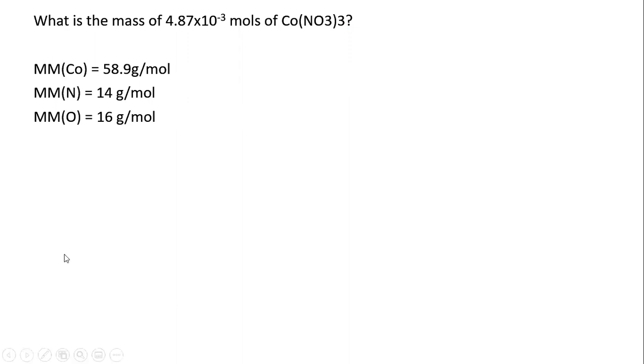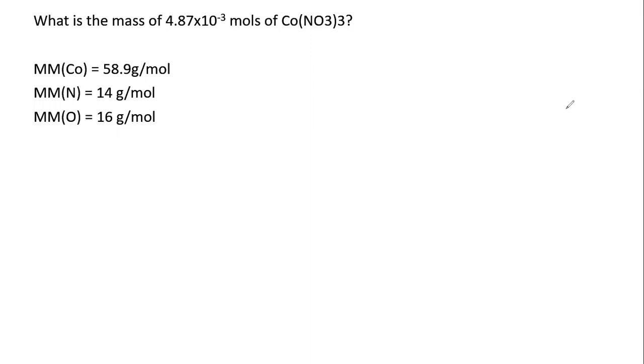I've already written the molar masses of the individual elements. I just rounded nitrogen and oxygen to their whole numbers because they're very close. But cobalt I kept as 58.9. You're welcome to use these, or you can use the ones that are in your periodic table. We should get roughly the same answer, within 1 or 2% difference.